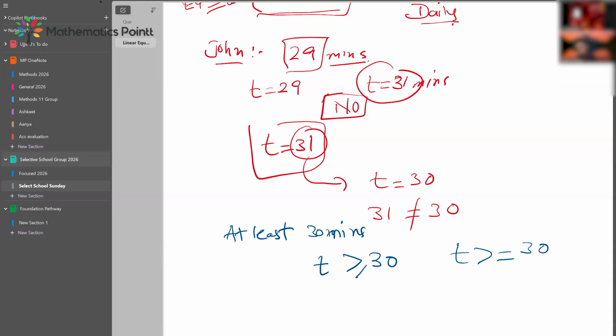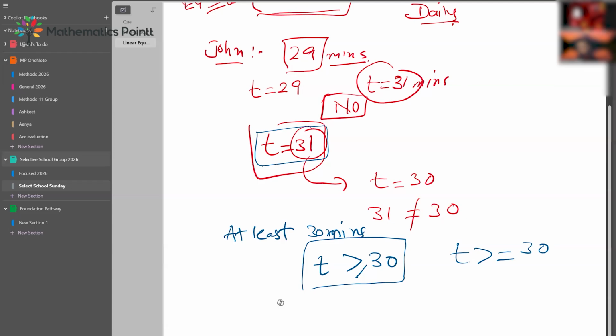Now, if John studies 31 minutes, do you think John has obeyed his teacher? Yes, John has now obeyed his teacher simply because 31 is greater than or equal to 30.